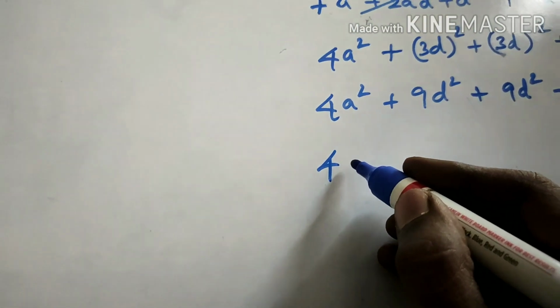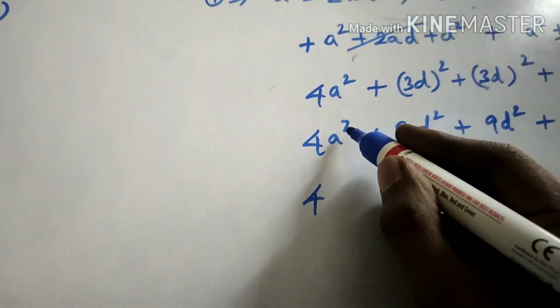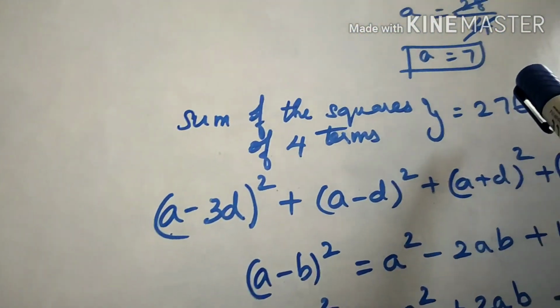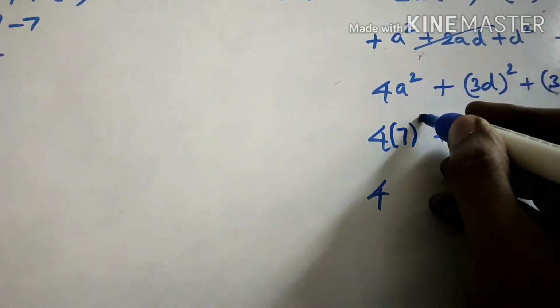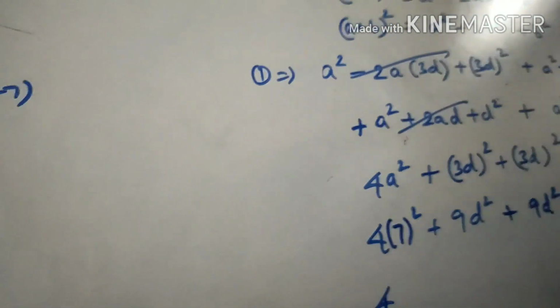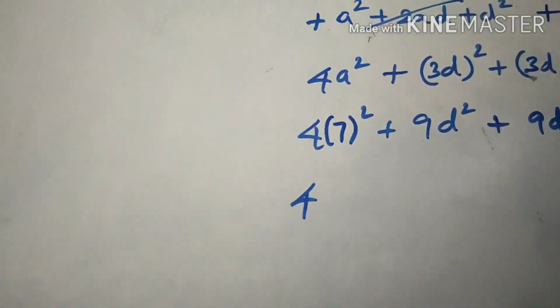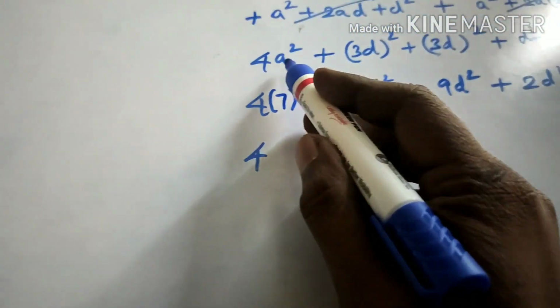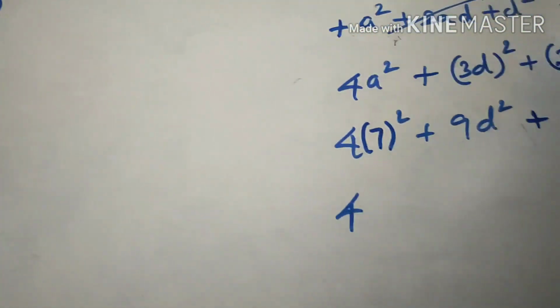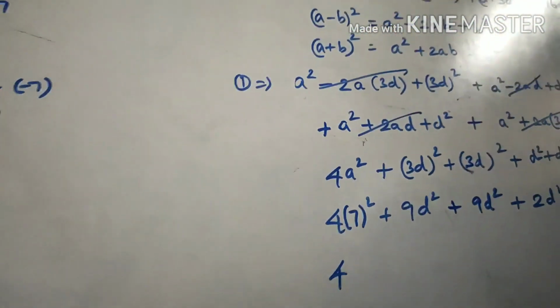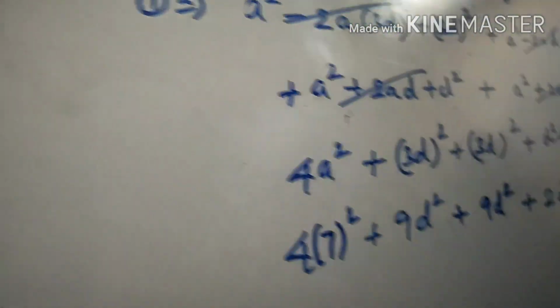So instead of this a, you can substitute the value also, 7. Okay, you can substitute here itself. You can substitute 7 square. Instead of that a, I have substituted 7 here. Okay, see here, 4 into 7 whole square, 7 square you can say.